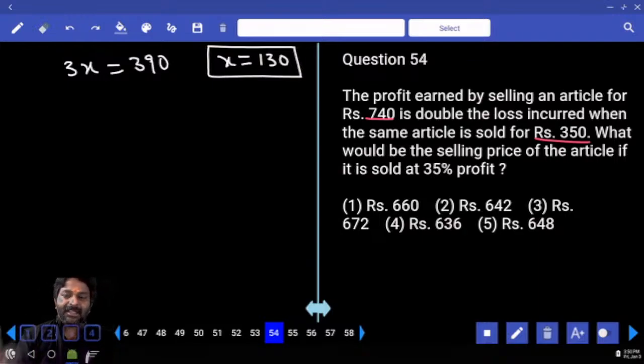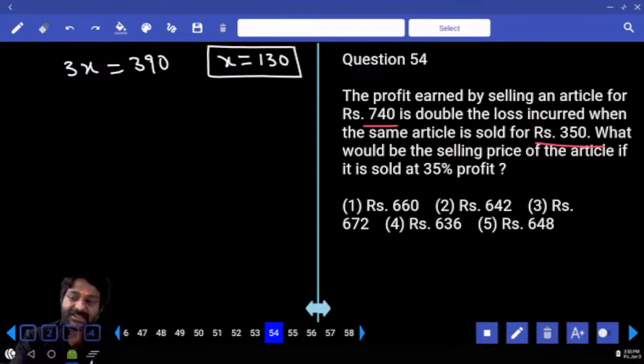As loss, I am saying minus X. Understood? Profit positive 2X, minus X and then 2X. Difference is 3X, which is 390. Then X is equal to 130. In which case are we getting the 130 loss? First case or second case?